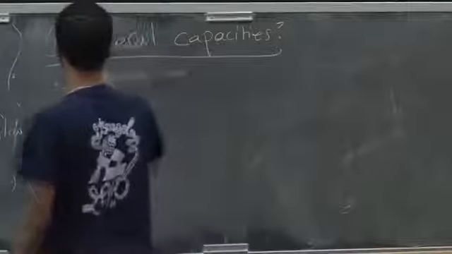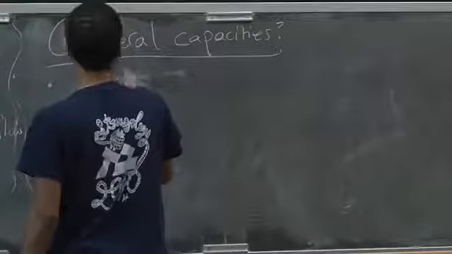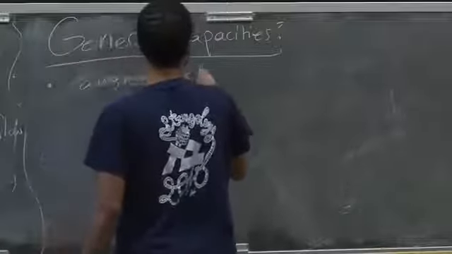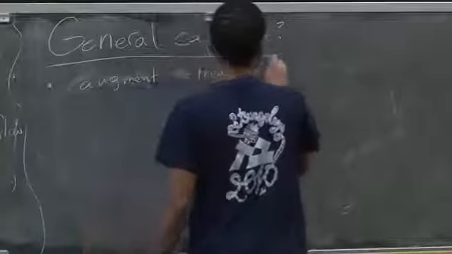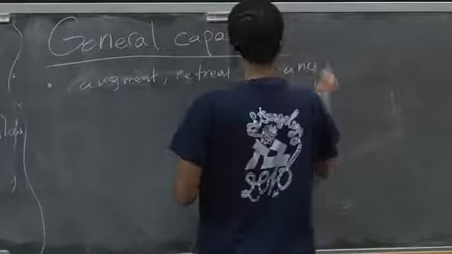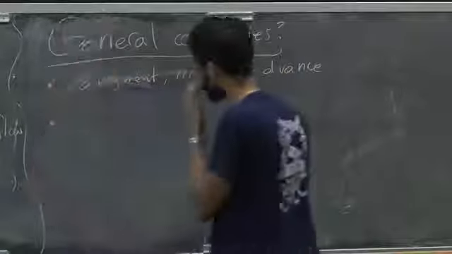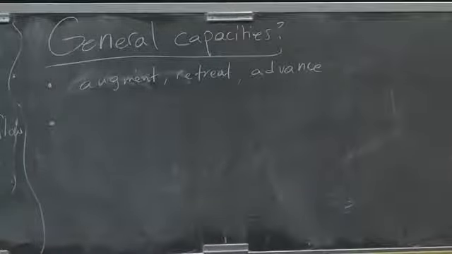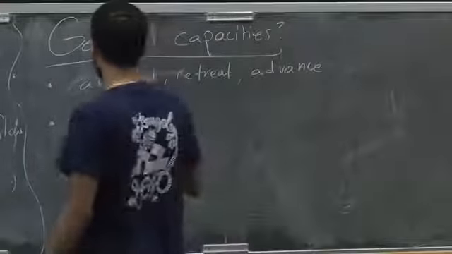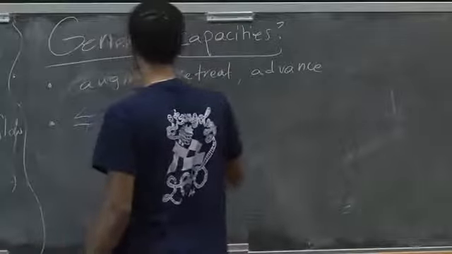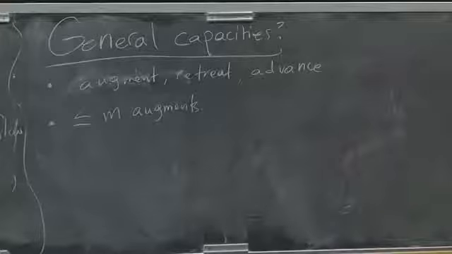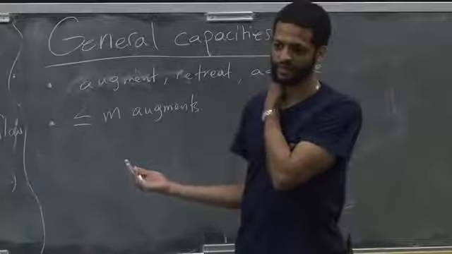Remember we still have augment, retreat, and advance. By augment, I don't mean actually changing the residual graph. I just mean adding the minimum capacity of that path to the current blocking flow we're building. Why are there at most m augments?